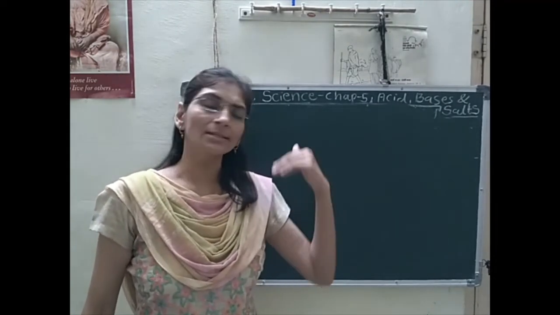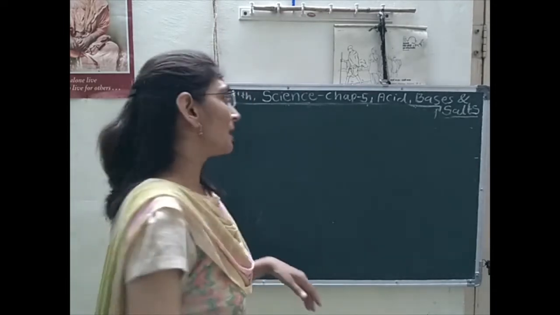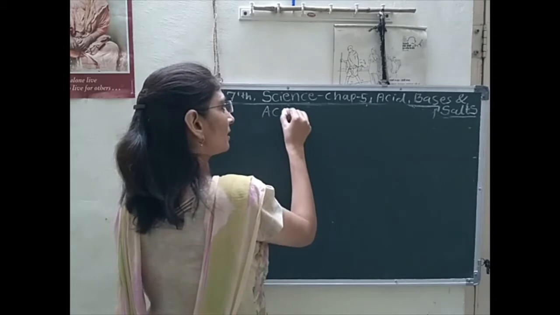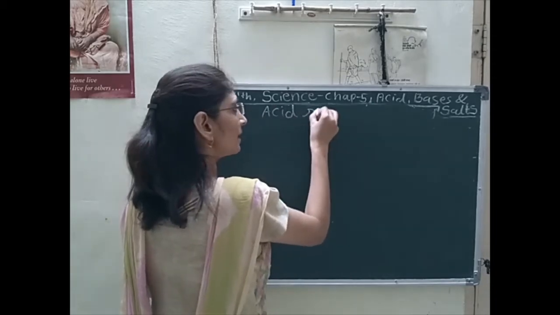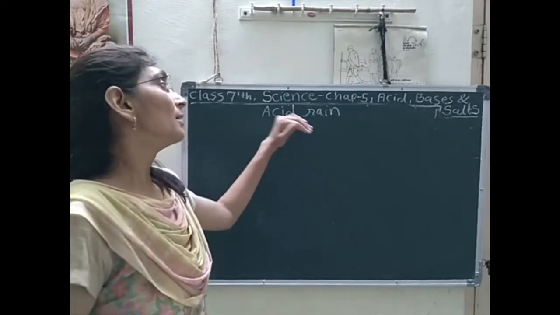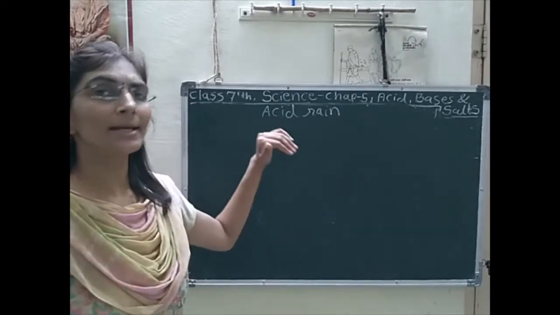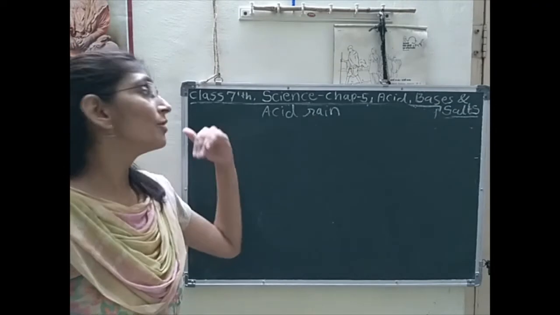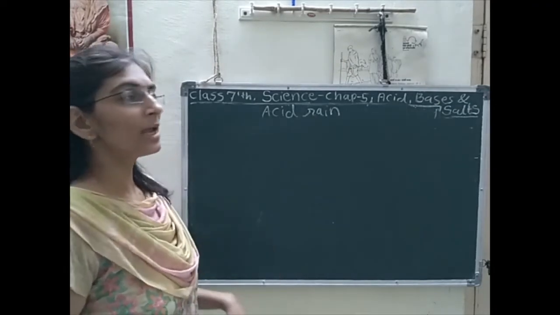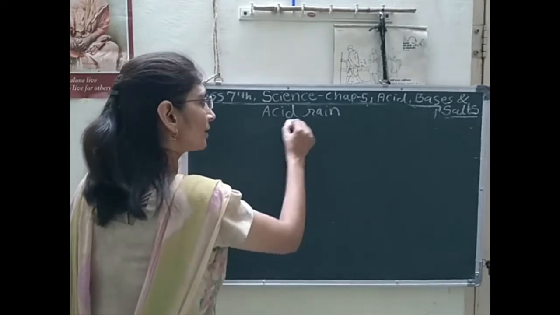It has excess acid, so this is called acid rain. We will learn how it forms, what the drawbacks of acid rain are, and what we have to face because of it.